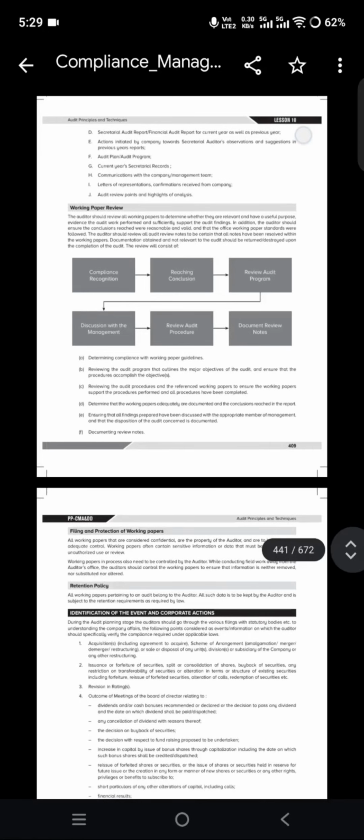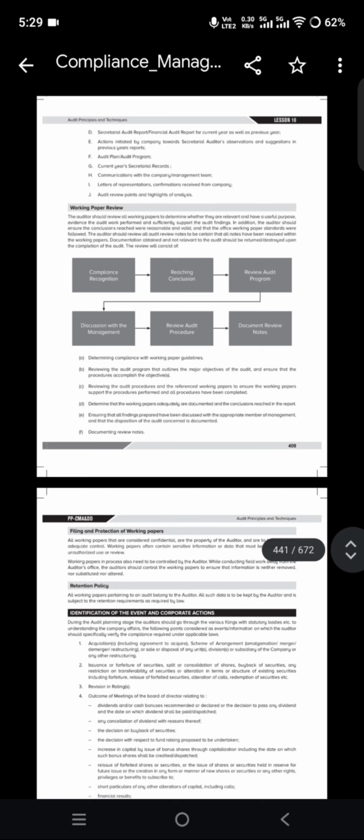Next, filing and protection of the working papers. All working papers are considered confidential and are the property of the auditor, so they should be kept under adequate control. They should be protected from unauthorized use, and working paper processes also need to be controlled by the auditor.